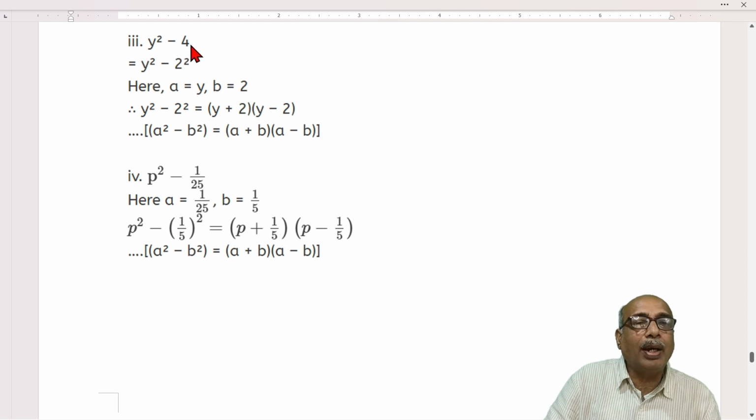y square minus 4. y square is the square term only, but 4 we can write as 2 square. Now it became y square minus 2 square. Here a equals y and b equals 2. By expansion formula, y square minus 2 square equals y plus 2 in another bracket y minus 2.